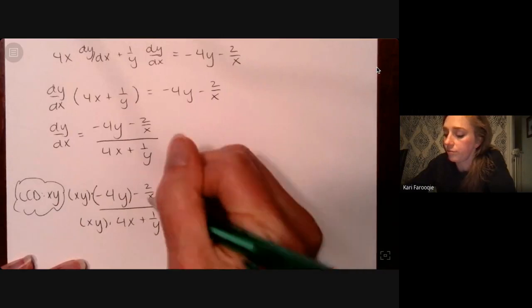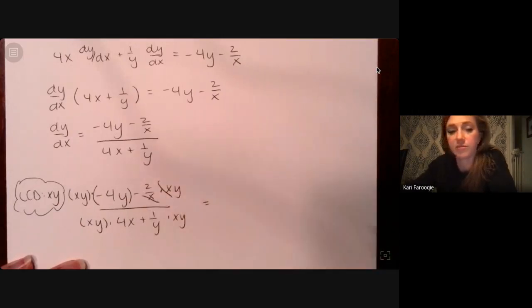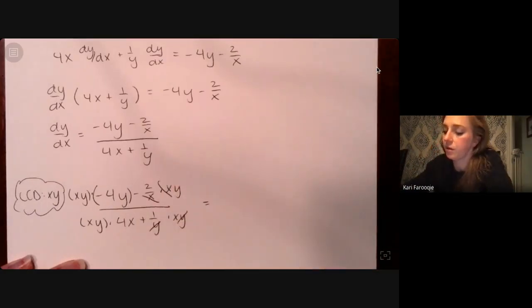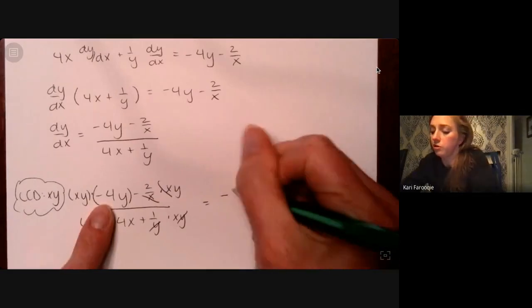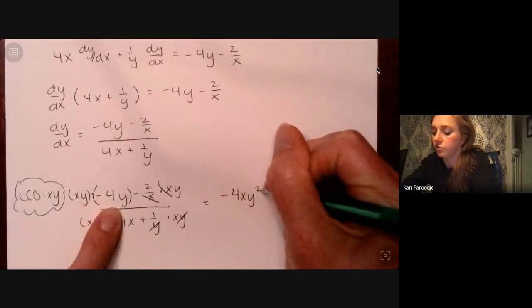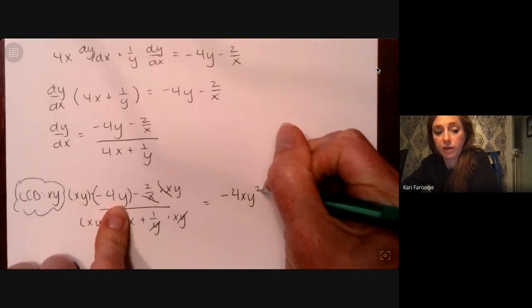Okay, so it's always hard to cancel out x's because they have slashes in them. Okay, those are the y's. So in the first term of your numerator, I have negative 4x times y squared. I have 2 factors of y.